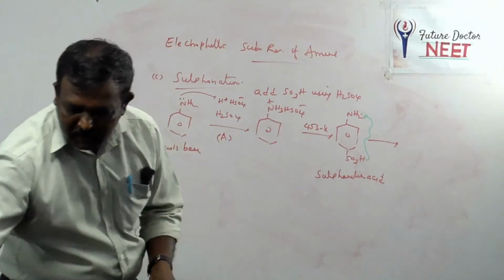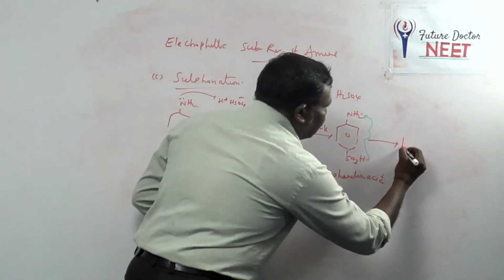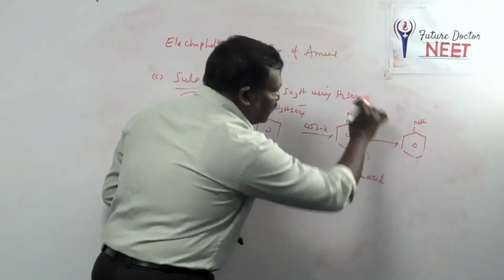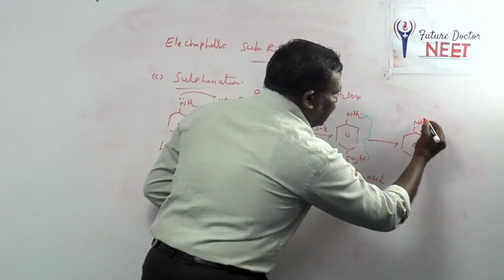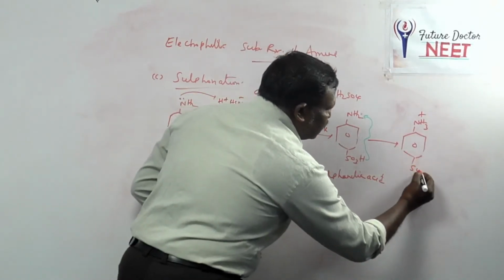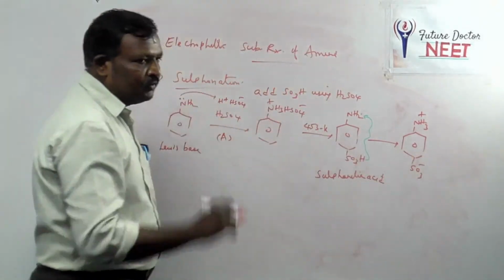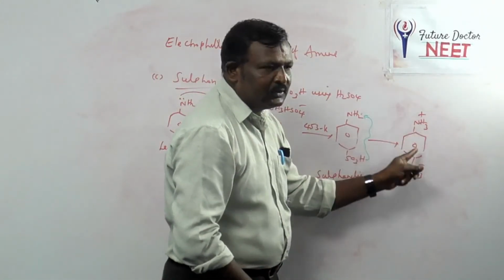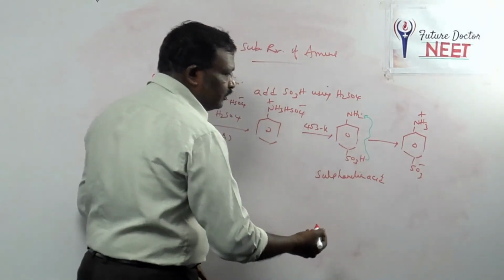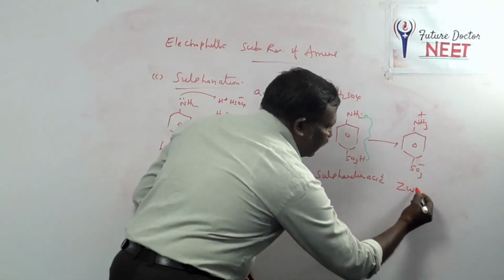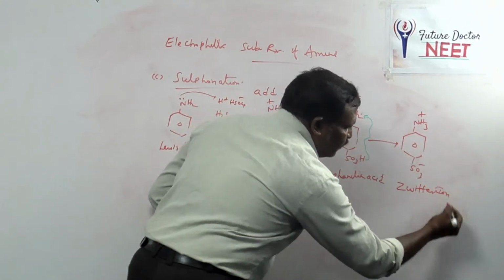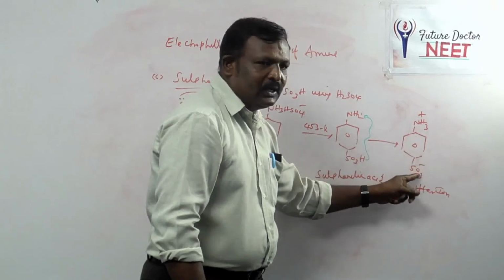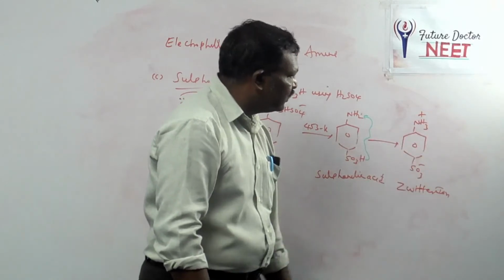So in this compound, when H plus goes to NH2, it becomes NH3 plus SO3 minus. The same species has both positive and negative charge. That ion is called a zwitterion. You studied it in biomolecules. A zwitterion has both positive and negative charge in the same species. Understood? Just copy it.